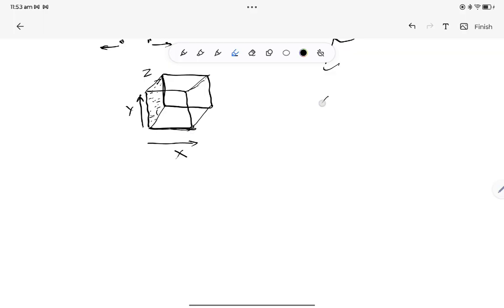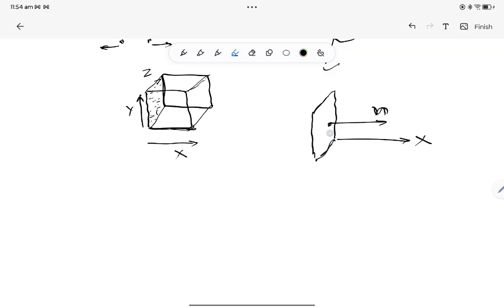I will show it here separately. This is the plane area, and it is perpendicular to the x-axis. Now, the orientation of an area is represented by its normal. If I draw a normal in this direction, the normal of this area and the x-axis are parallel.